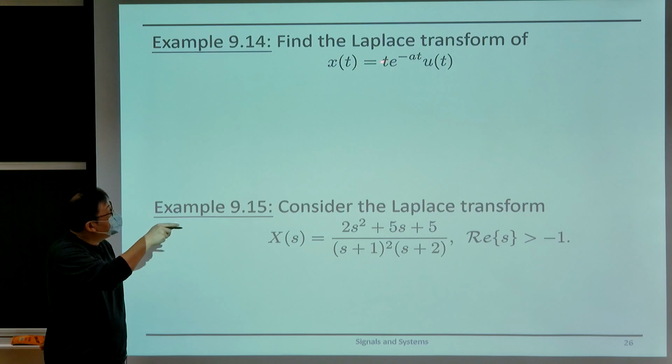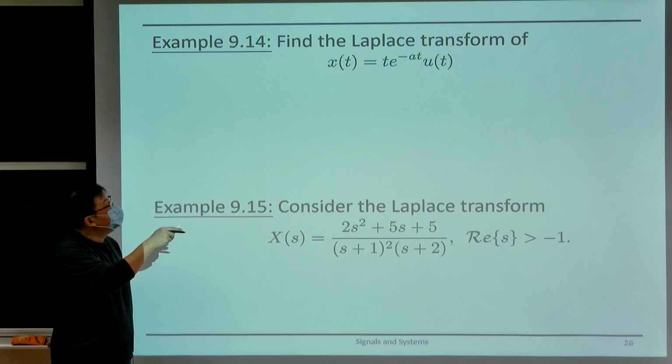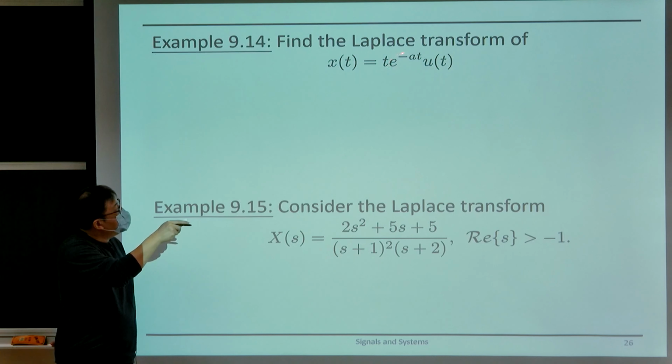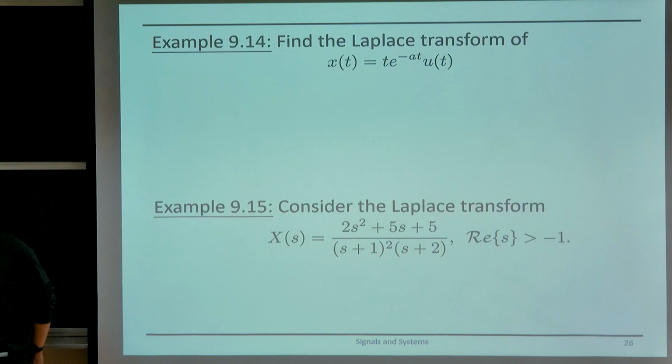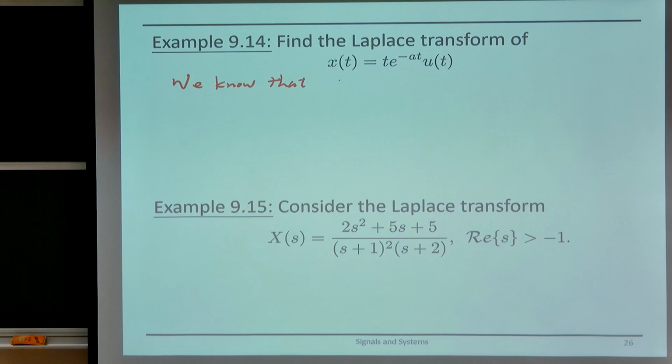If you neglect this t, we do know the transform of e to the minus at times u of t. So we know that e to the minus at u of t has the Laplace transform 1 over s plus a, with the real part of s greater than minus a.